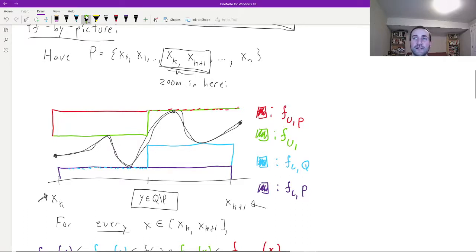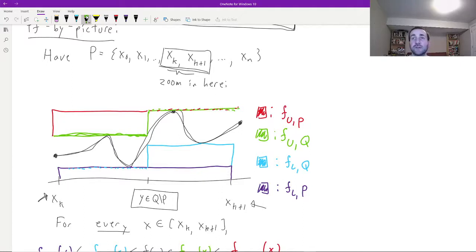Next, I have this green curve, f sub UQ, and it's almost the same thing. It's going to be the supremum of f on some interval, but it's not going to be the supremum of f over the whole interval. It's going to take the supremum of f between xk and y over here, which is what's going on. And then after that, it's going to take the supremum of f between y and xk+1, which is what's happening up here.